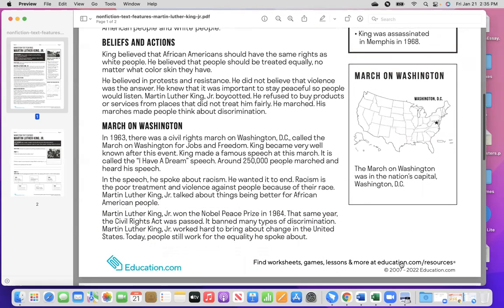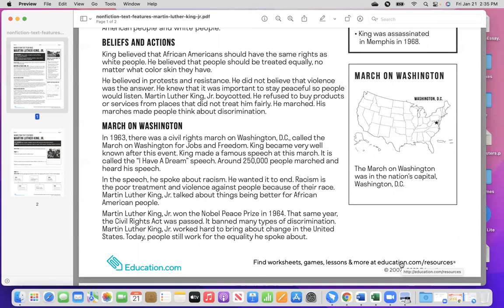King believed that African Americans should have the same rights as white people. He believed that people should be treated equally, no matter what color skin they have. He believed in protests and resistance. He did not believe that violence was the answer. He knew that it was important to stay peaceful so people would listen.